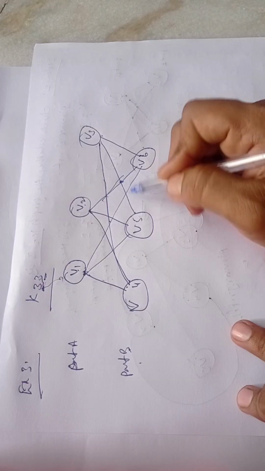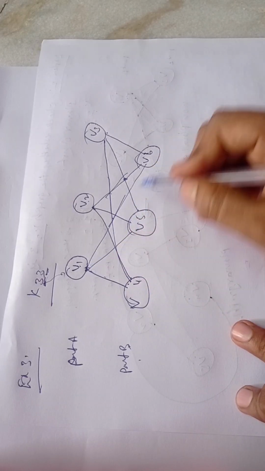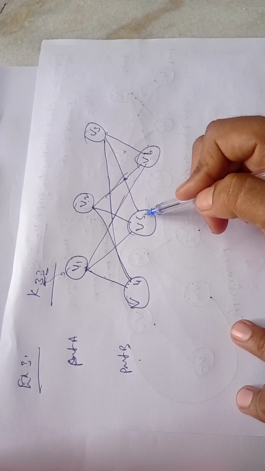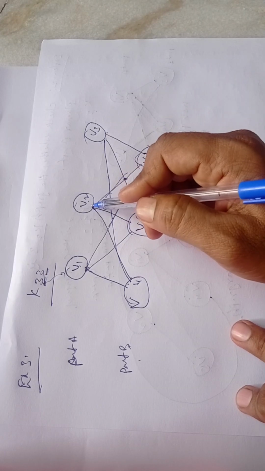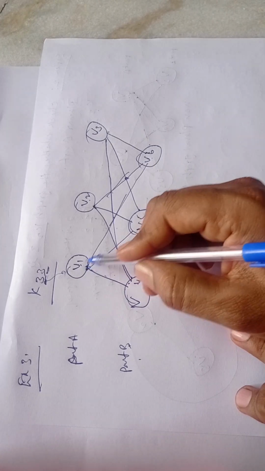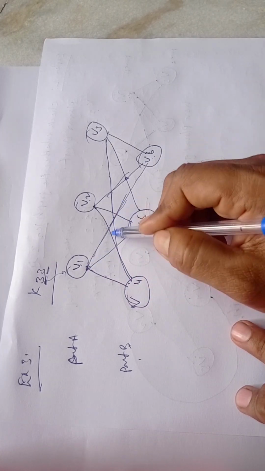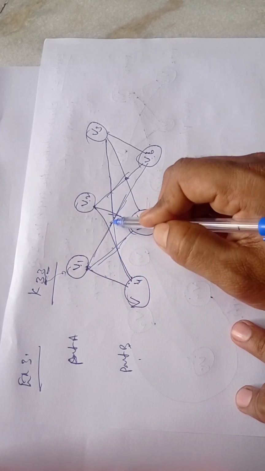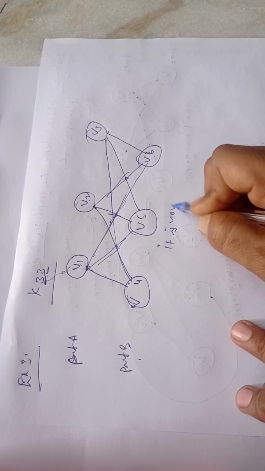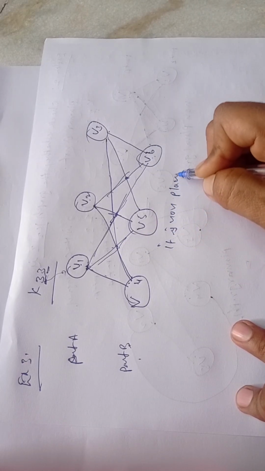V1 to V6 is crossing, V3 to V4 and V3 to V5 are crossing, V2 to V4 is crossing, and V1 to V5 and V1 to V6 are crossing. So it is a non-planar graph.